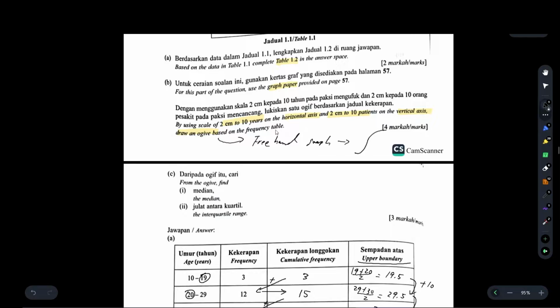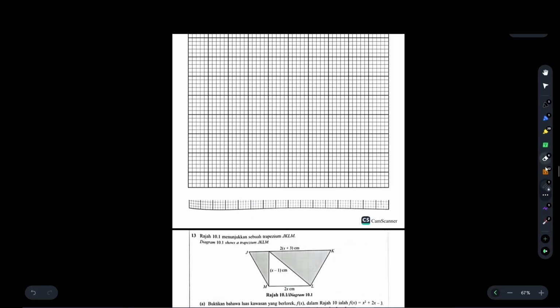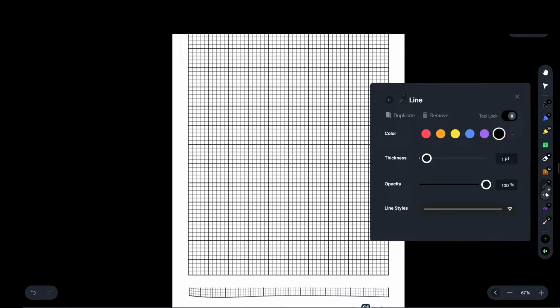One of the characteristics of an ogive is that you have to add a starting point. So let me show you what I mean. Right now we're gonna draw a line. Let's use the other color, let's use red.